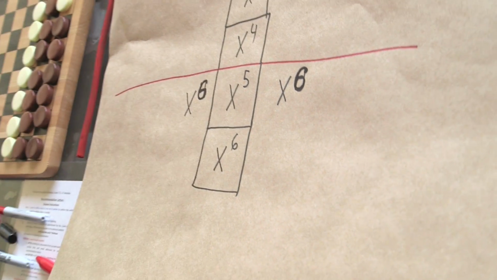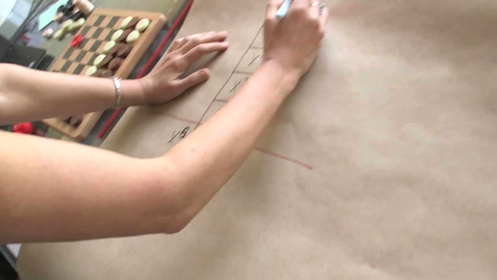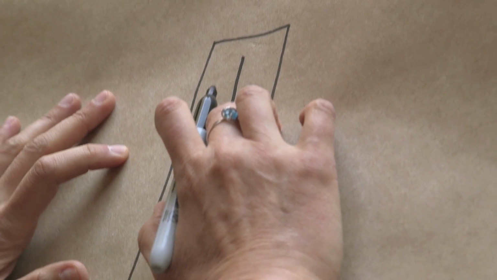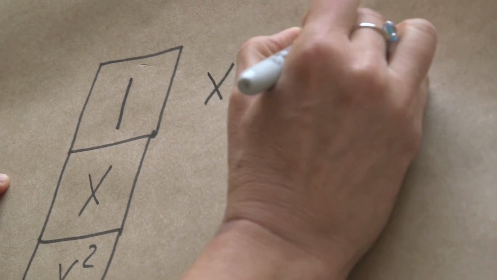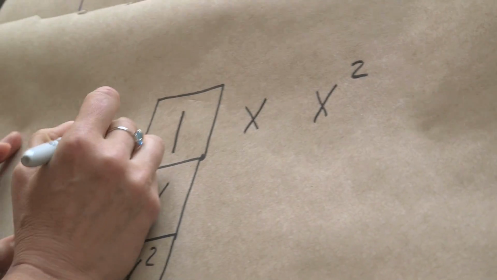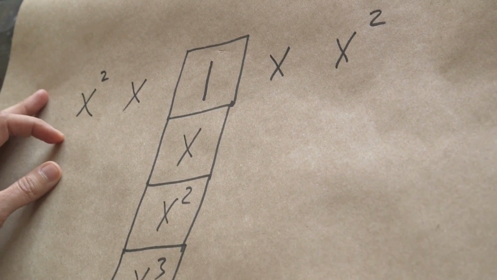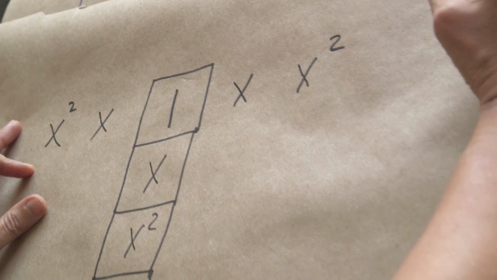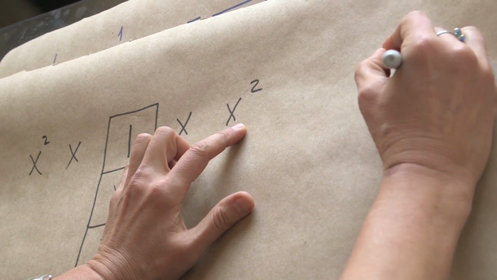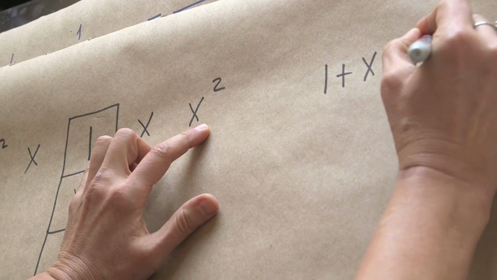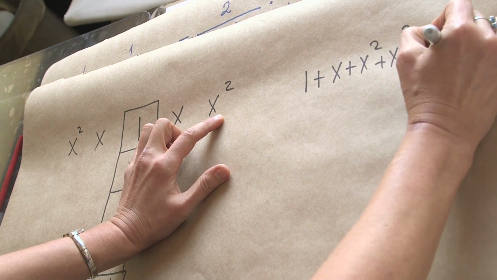Okay, so now what we need to do at first is calculate what's happening only on one row. And for that, I'm just going to go to the easiest row that has 1 and use its result later. So we have x, x squared in this direction, and x, x squared in this direction, right? Okay, so let us start adding just for this row. We will have 1 plus x plus x squared plus x cubed and so on and so forth.